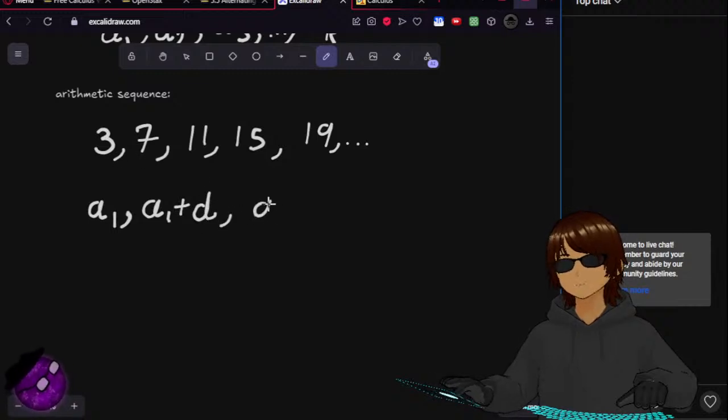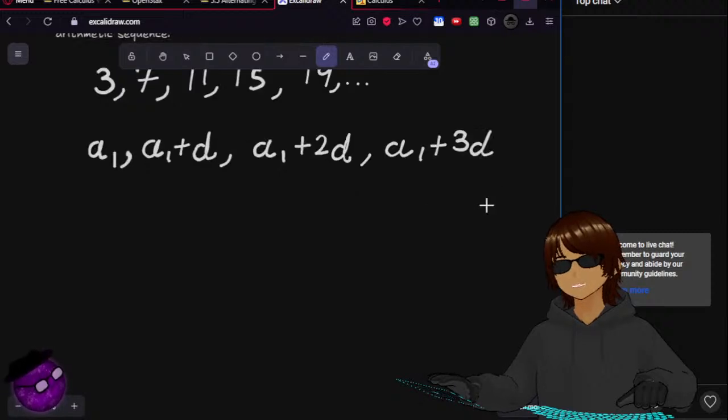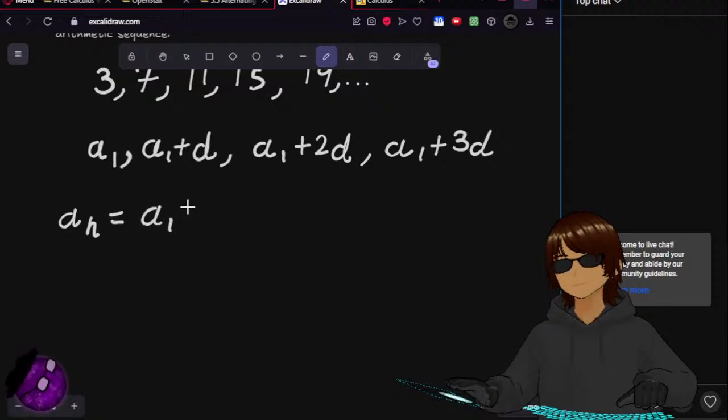Then the next term could be written as plus 2D. So plus 4 plus 4. And then the next one would be written as 3D and so on. So for a particular term, an, it would be equal to the first term plus n minus 1 d.